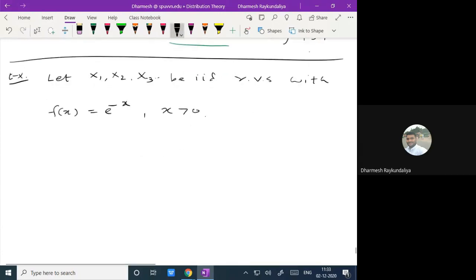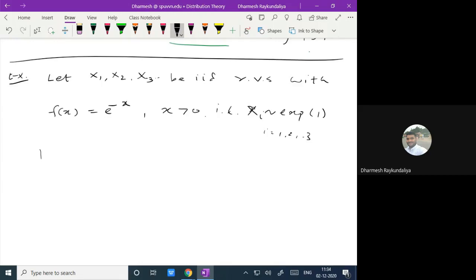Okay. That is, all xi follow standard exponential with parameter 1. It is standard exponential and they are independently distributed. Okay.